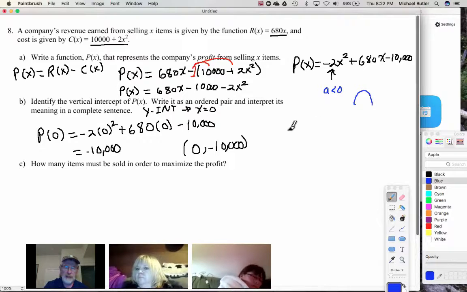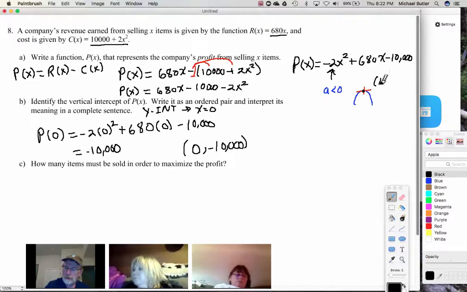It's going to be concave down, or it's going to open downward. So this is a downward opening parabola. And so what that tells us is that the maximum profit, if this is our profit function, is going to occur right here at that top point. And we know that that ordered pair at that top point right there is given by HK. That's the vertex of our parabola, right?